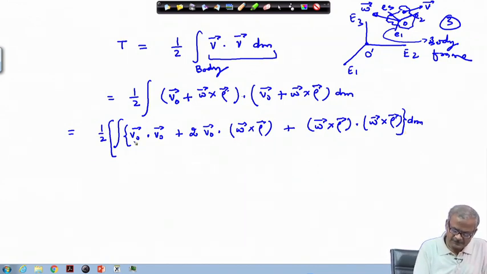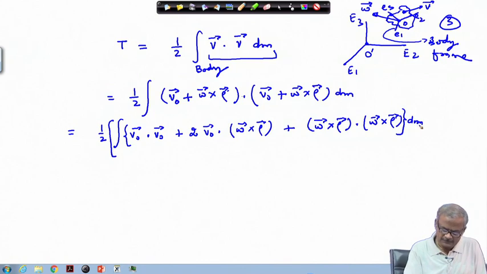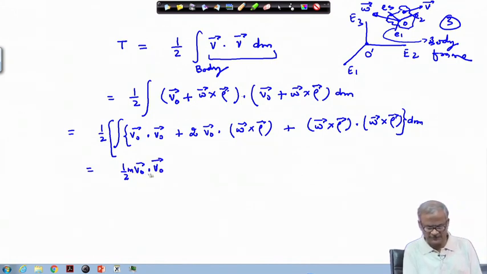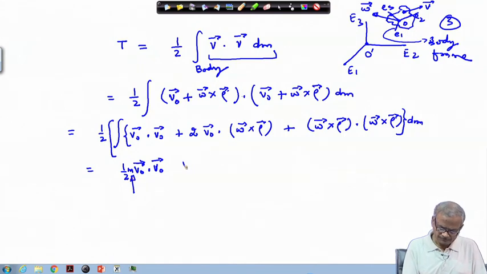So, this term is not dependent on the mass, so we can take it outside and this can be written as m times v 0 dot v 0. So, this dm has been integrated and we have inserted it here as m. This term 2 will cancel out and we get here v 0 dot, again this omega can be taken outside the integration sign.